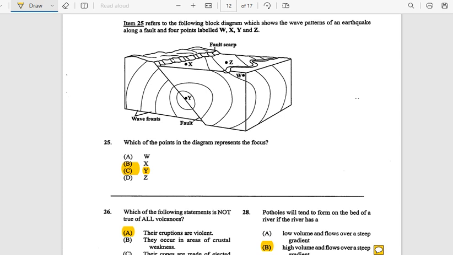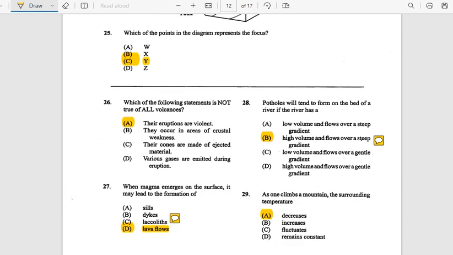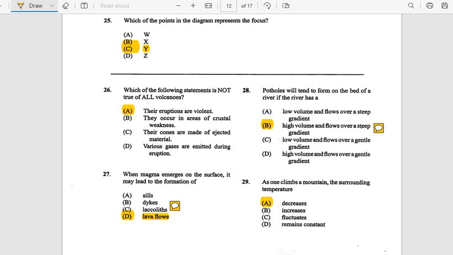Which of the points in the diagram represents the focus? It would have to do with Y, guys. All right, right here. So this is the point that represents the focus. All right. Number 26. Which of the following statements is not true of all volcanoes? So that they erupt violently. This is not true.